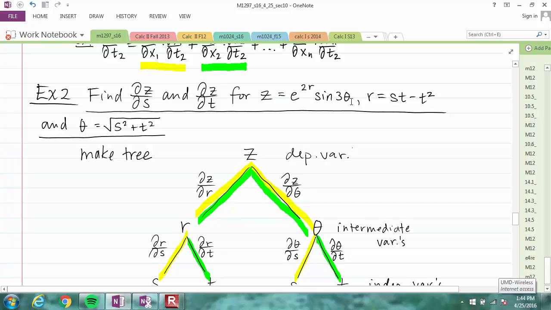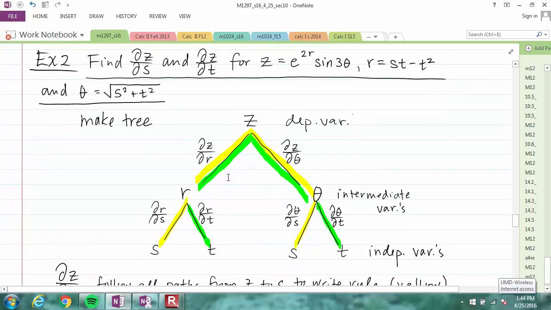Those are going to be your intermediate variables. They're like our stepping stones to the independent ones. So r and theta become nodes on our branch here. And then notice that each of r and theta depend on s and t. They've got s and t in them. So they will have little branches coming from them that end at s and t.